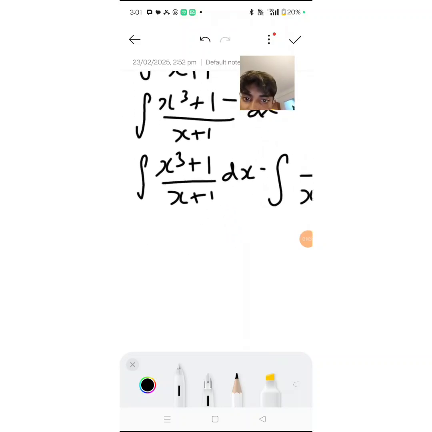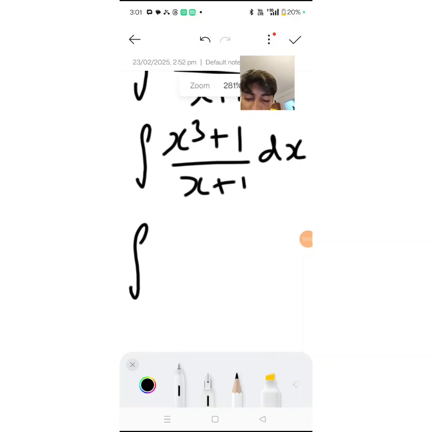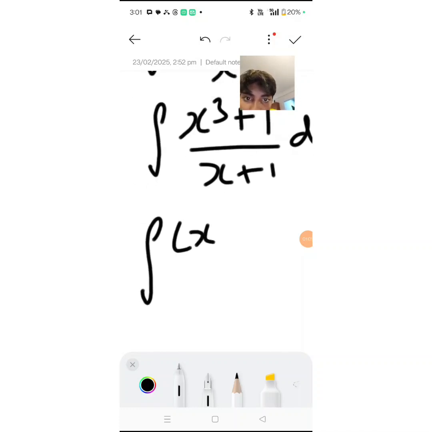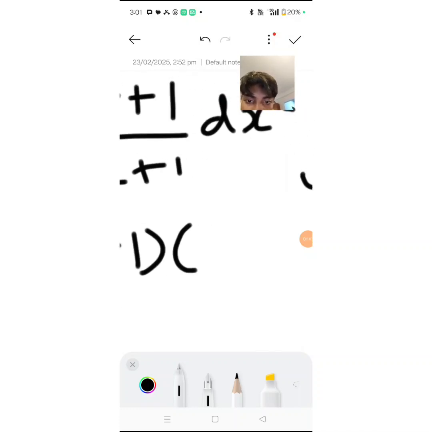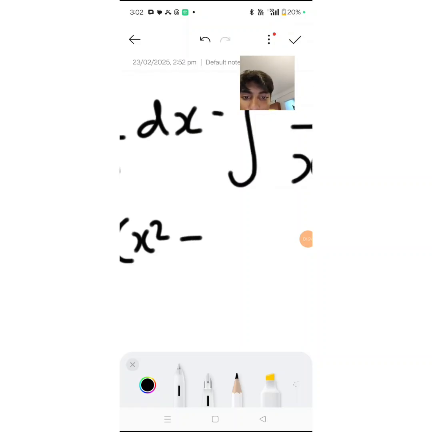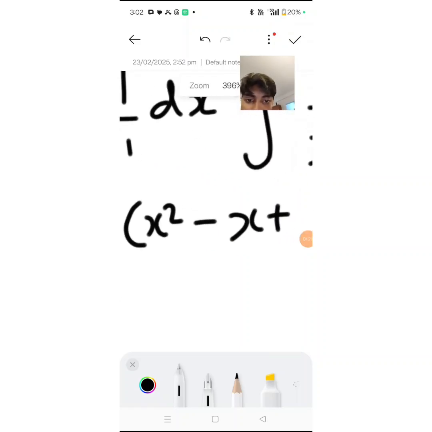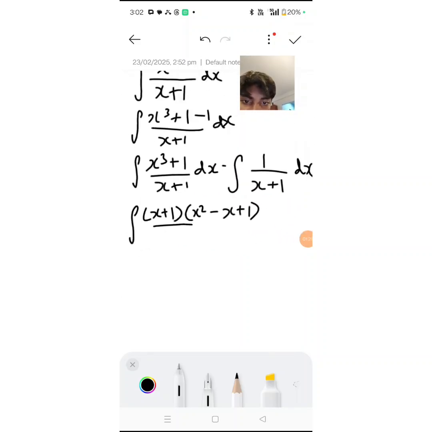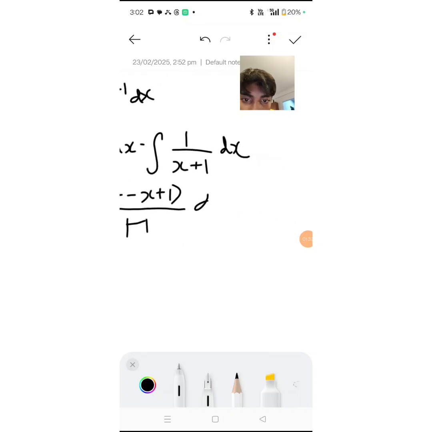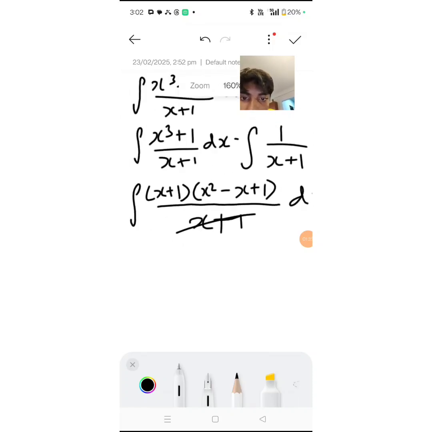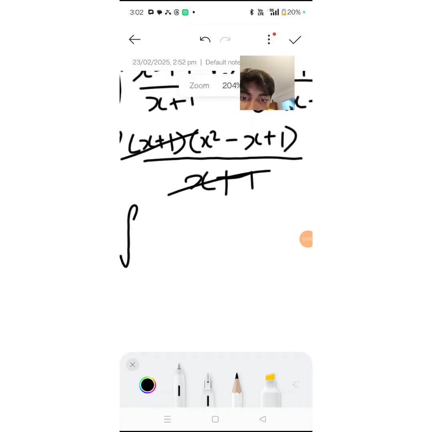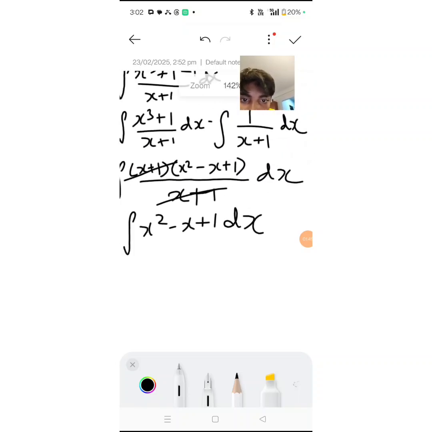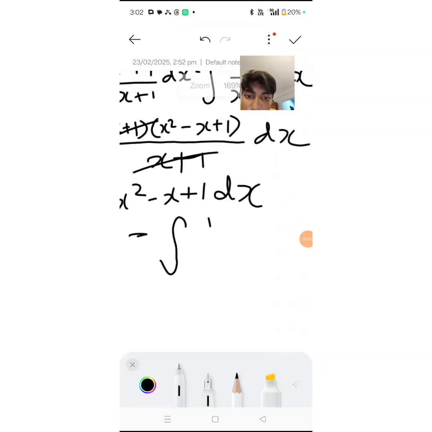Okay, so this is what this becomes. Now we can just rewrite this. We can split this with the a cube plus b cube identity, as I told you. So this becomes a plus b, a square minus ab plus b square, divided by x plus 1 dx. Now, as you can see, x plus 1 gets cancelled with x plus 1. So we have the integral of x square minus x plus 1 dx minus the integral of 1 divided by x plus 1.